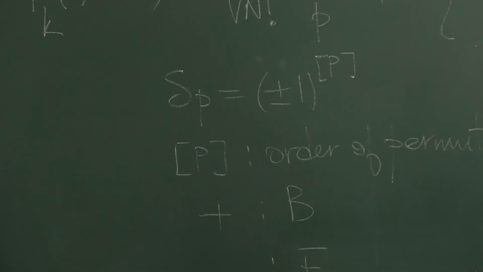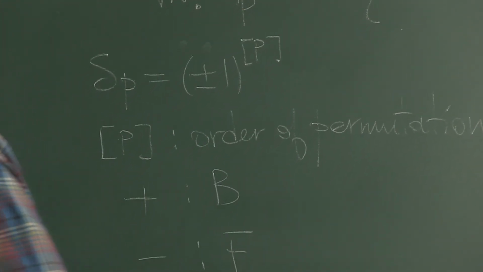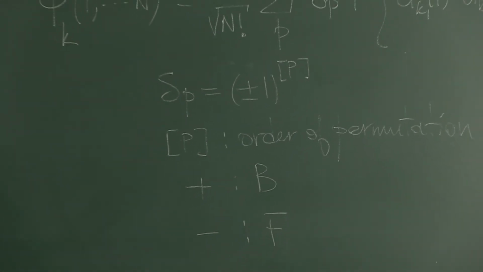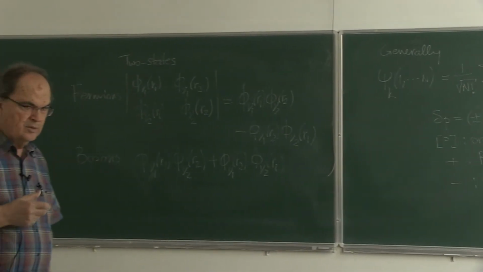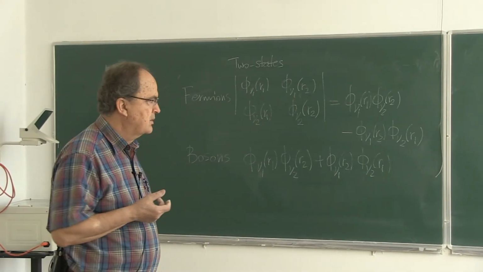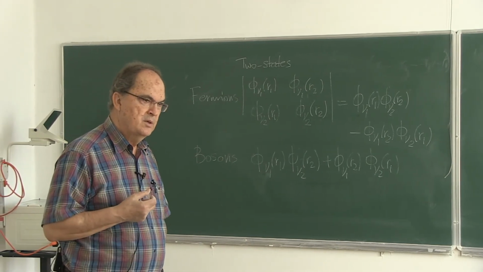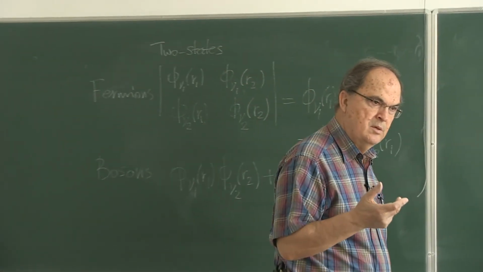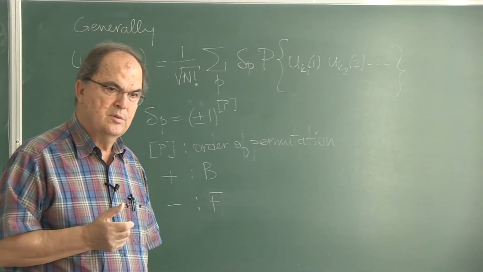Now, what I want to do now is to use this property of the system, fermionic or bosonic system, to study that system and try to get some information about these occupation numbers. What is the average occupation number for fermions and for bosons?